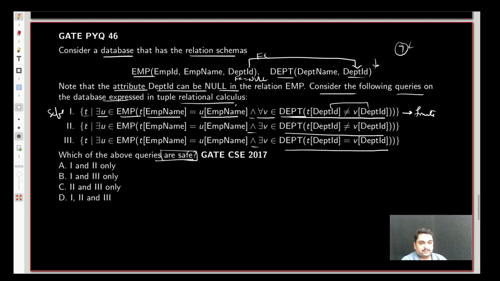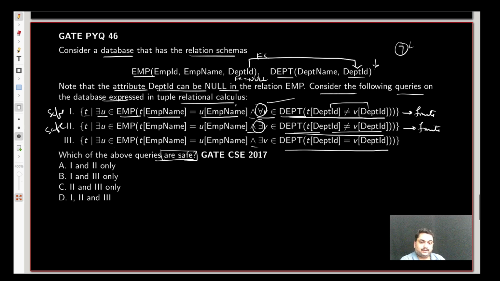Here also same thing. The only difference is for all here and there exists here. So both are the same actually, and this also produces finite results. It is saying for all, T dot department ID and V dot department ID should be equal for all the tuples in the table. Here it is saying there exists at least one. So both are finite and safe.